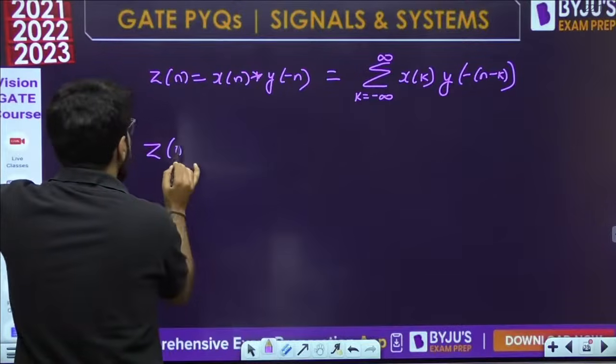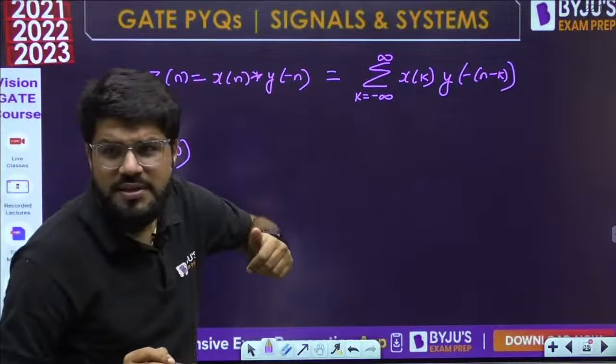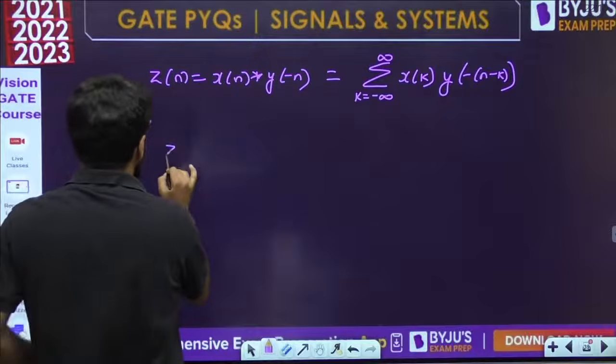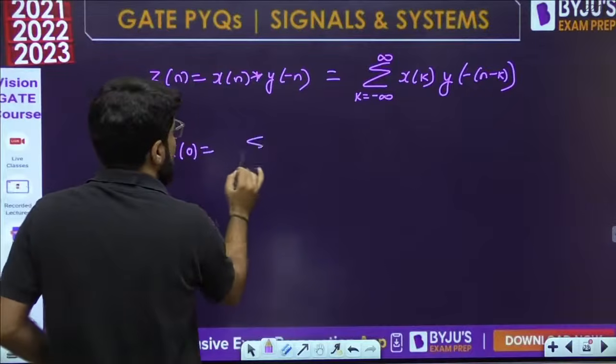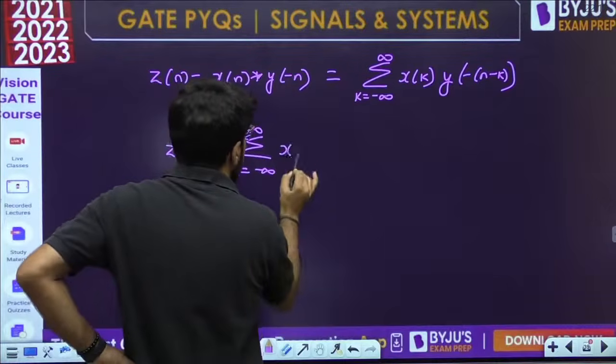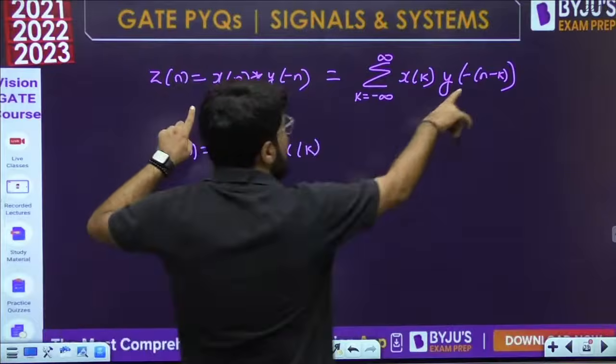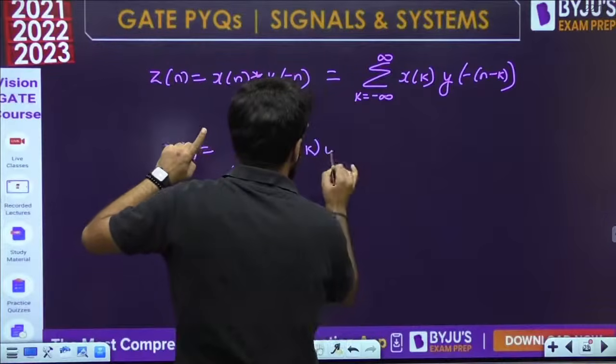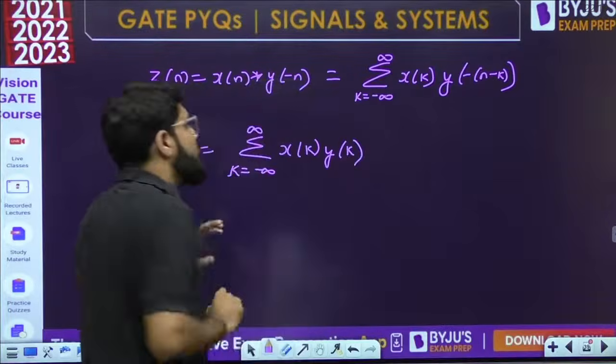But I only want z[0], so why solve the complete summation? z[0] will be the summation from minus infinity to infinity of x[k], putting n equal to 0, and minus of minus gives plus, so y[k].